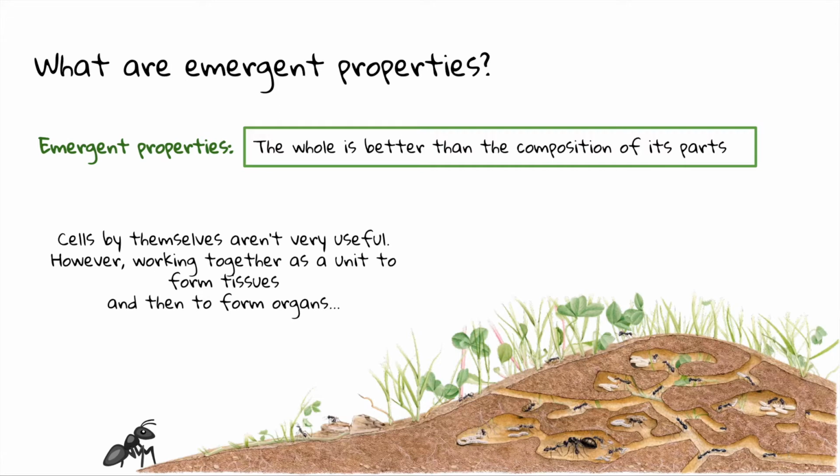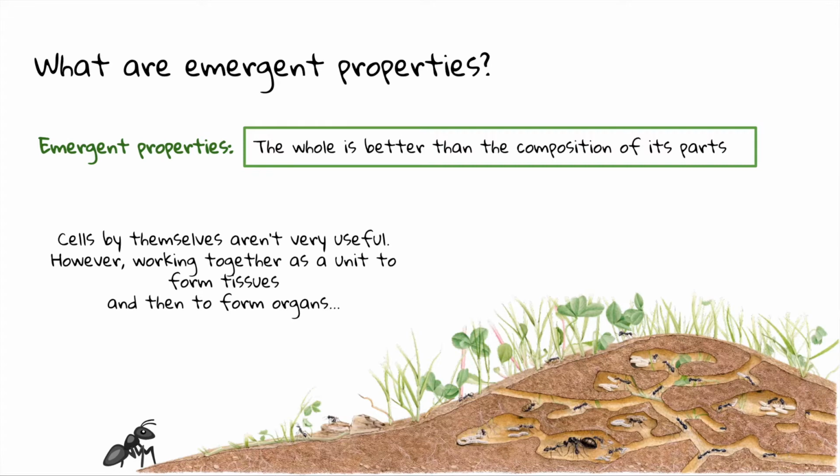Now, I've added this picture of the ants and the ant colonies because an ant by itself isn't very smart. It's not able to work very well on its own. However, an ant colony is actually very intelligent because the ants are able to find food in an efficient way by leaving hormones called pheromones around to allow the other ants to identify the food source.